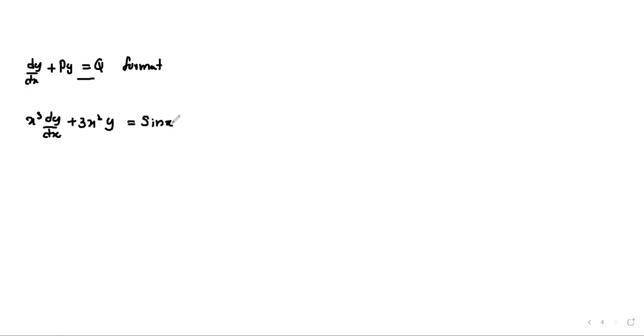Right. Then I will ask a simple question. If you want to differentiate any function f(x) times y, what would be the answer? Keep f(x) and differentiate y, plus keep y and differentiate f(x). That's the usual product rule.